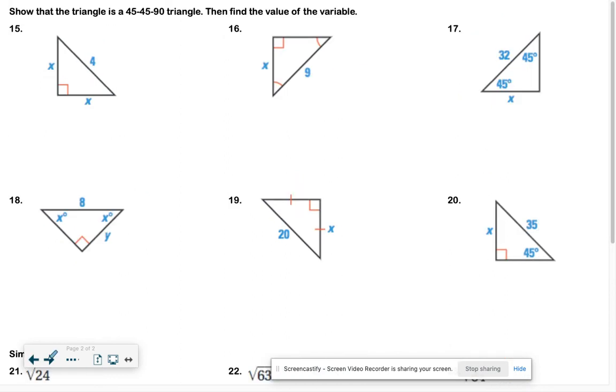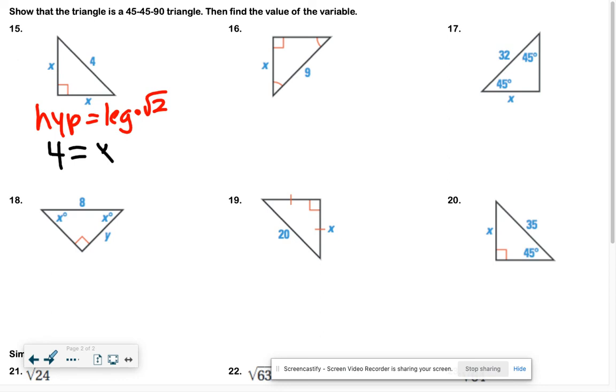Now these are like the ones we just did in our notes. You're looking for your leg, but we have a weird hypotenuse. These are easy. We were just rocking them. Okay, what's our hypotenuse? Can we put one of the side lengths down? And what's our leg?